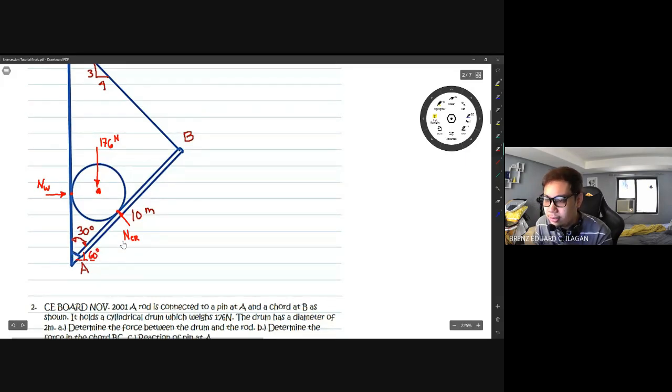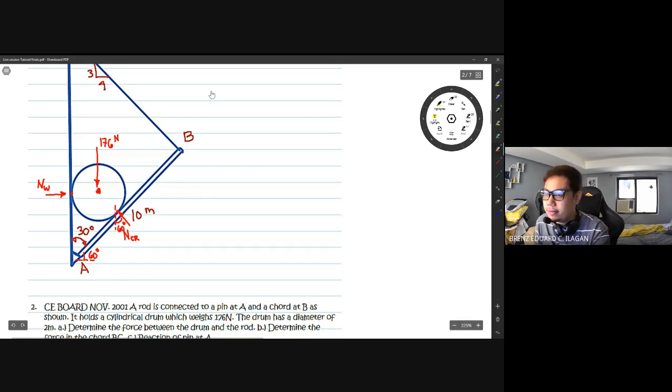So kapag nag-drawing ka dito ng vertical line, so kung ito ay 60, therefore ito, 60 lang din. Correct? Ayan. So kailangan kasi natin siya, yung angle na yan, kapag nag-ano tayo ng free body diagram. So I think okay na.